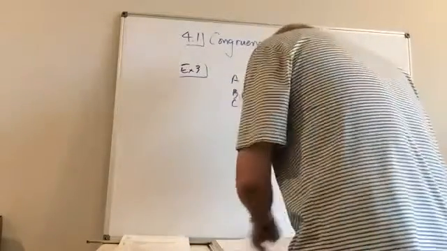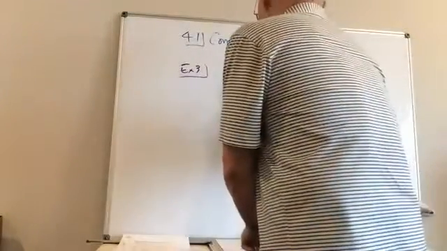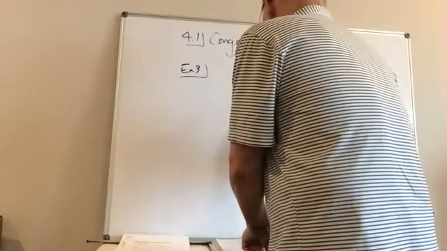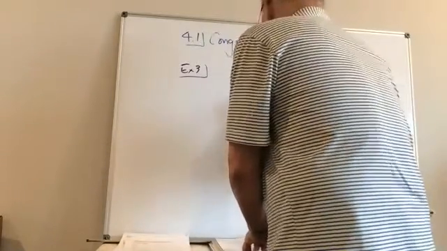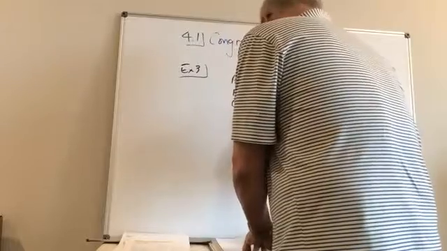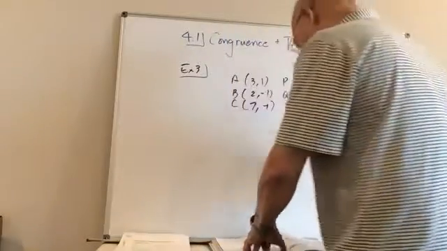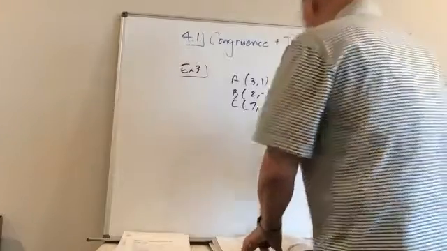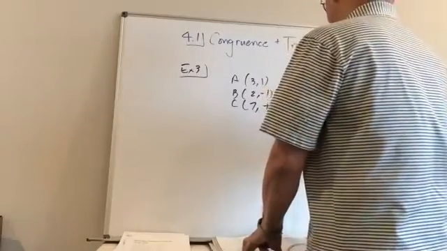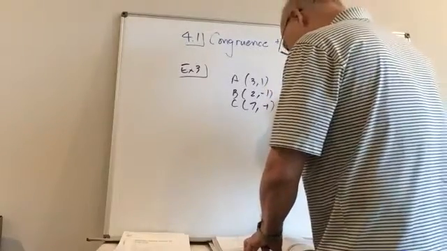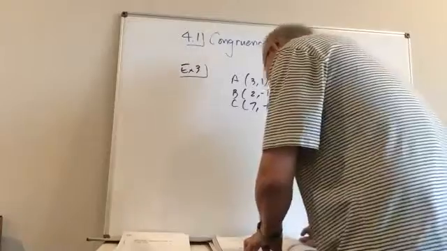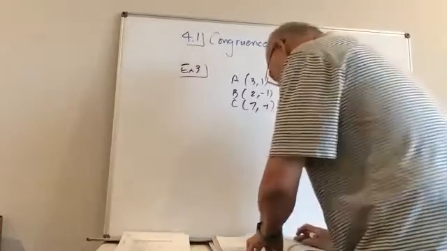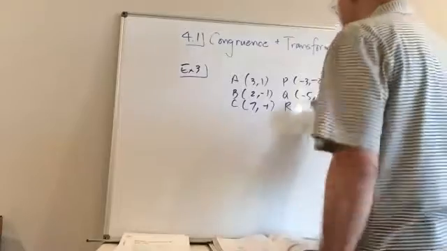A is 3, 1. B is 2, negative 1. C is 7, negative 1. P is negative 3, negative 2. Q is negative 5, negative 1. R is negative 5, negative 6.